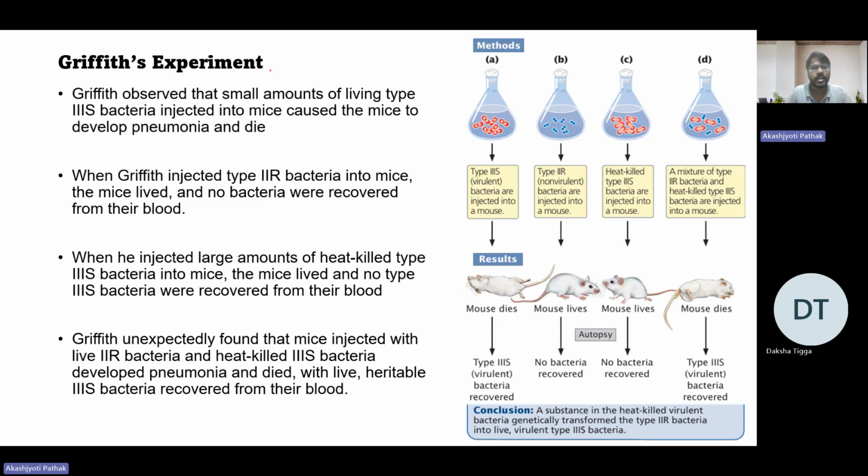So what did Griffith do? You can see here an experimenter. Griffith took two different types of bacteria, type 3 S bacteria and others. His model organism was what? It was Streptococcus pneumoniae, isn't it? So it was Streptococcus pneumoniae.